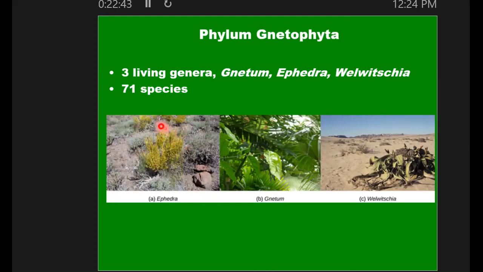So Ephedra is a very nondescript bush-like plant. And that's where they get ephedrine from, which is a drug that you can take. I think, wasn't it used for weight loss? I think at one point it was advertised for weight loss. This was years ago, maybe even before you were born.